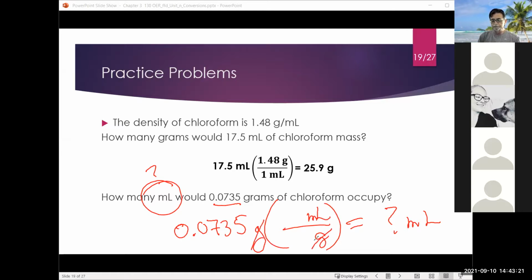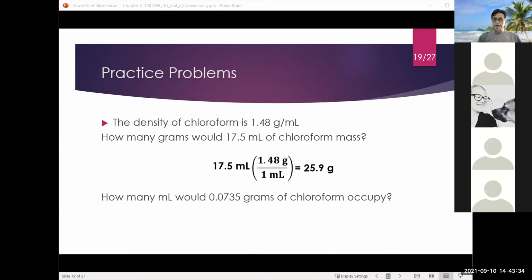Grams cancel, and now I simply put in the numbers. And then simply do the math in your calculator. Grams cancel. And so I have 3 sig figs in both numbers, so my answer should have no more than 3 sig figs.